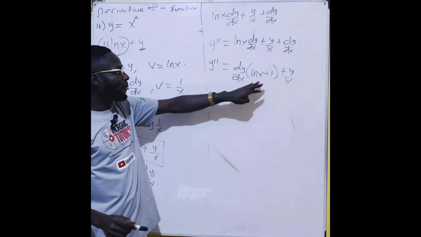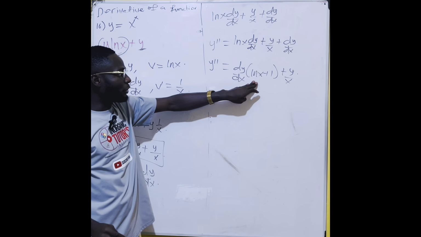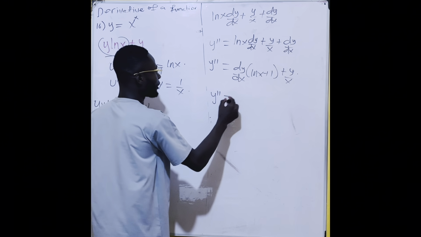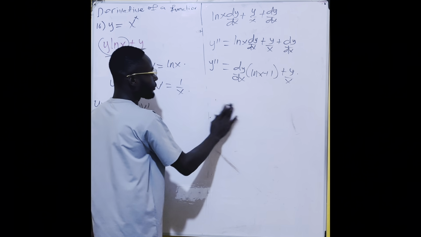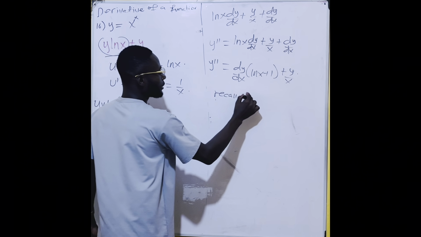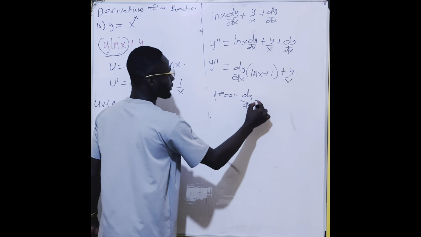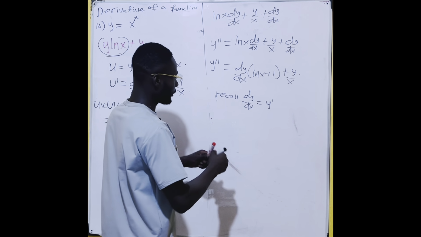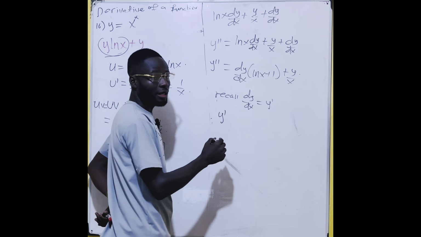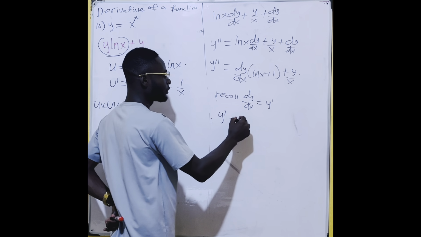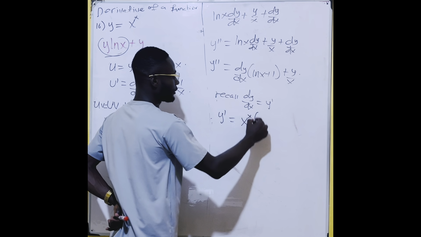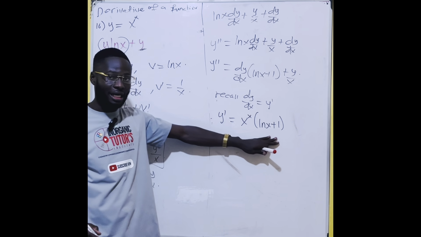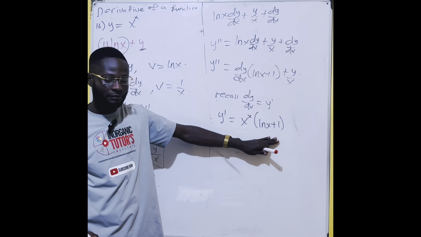Right? So now we know that this is y prime, okay? So y prime prime is equal to, recall that dy dx is equal to y prime. And we had y prime, which is the first derivative, to be x to the x times ln x plus 1. Okay, so this is what we had for the first derivative, right?